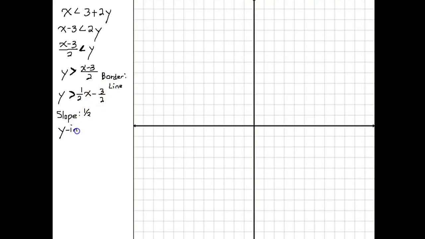Y-intercept is at -3/2. So let's see, (0, -3/2), which is -1.5, would be right here. And you can go up 1 over 2, up 1 over 2, for as much as you want, and that'll give you some other points that are on that line.